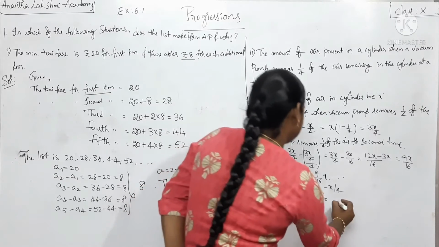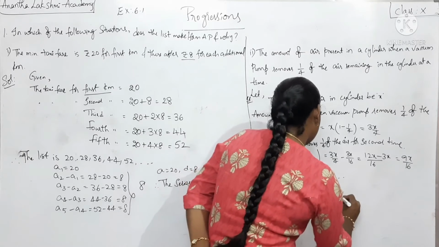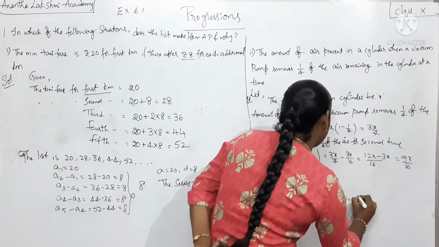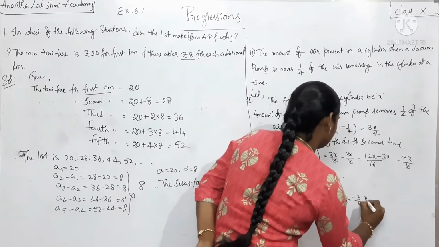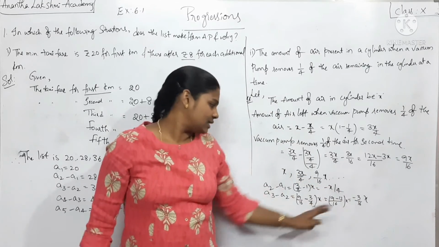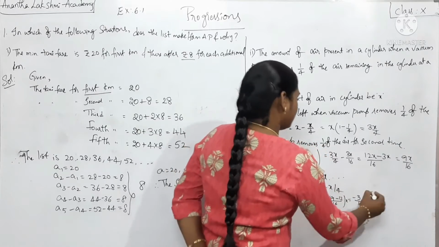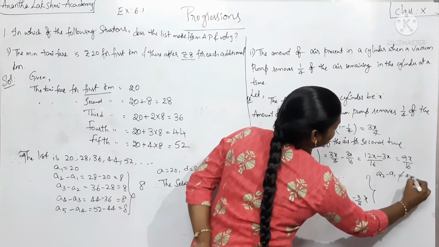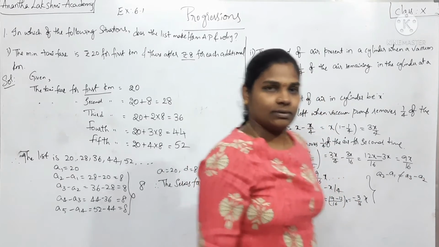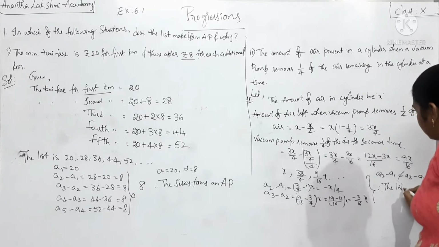That way it becomes 16. 9 minus 3 4s are 12. That is nothing but minus 3 by 16 into x, which is not the same difference. a2 minus a1 is not equal to a3 minus a2. So here I am writing it as a2 minus a1 is not equal to a3 minus a2. Isn't it? Therefore, the list is not in AP.